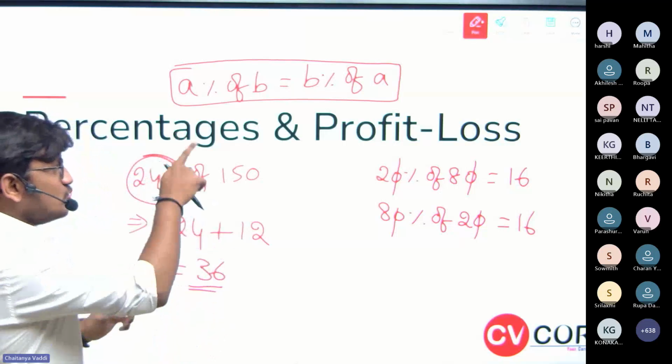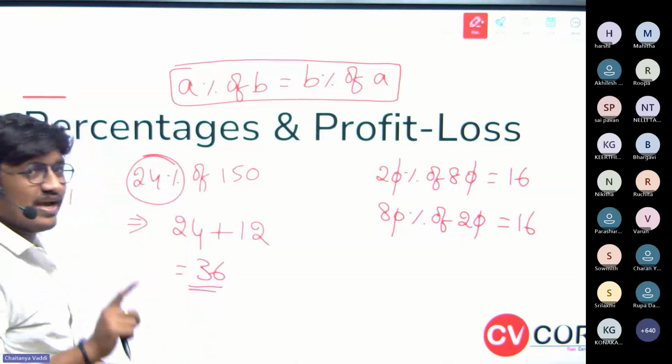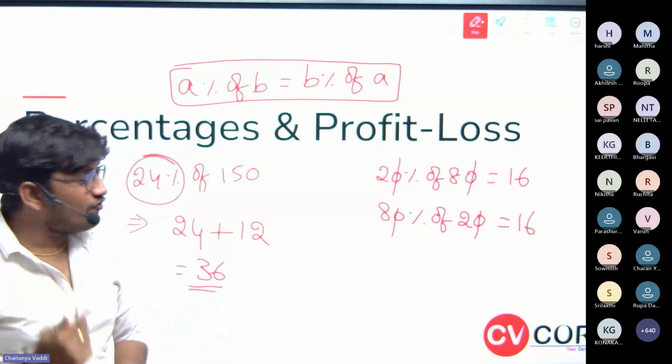So you should use this particular approach when, on either of the sides, you get a 25 multiple or 50 multiple, because it is very easy to frame that.